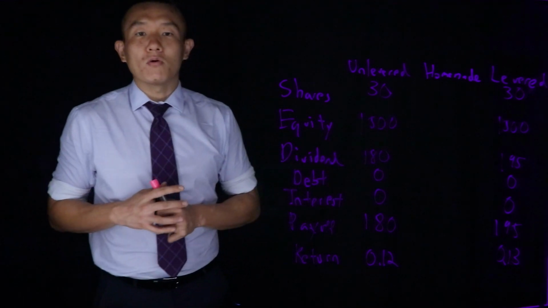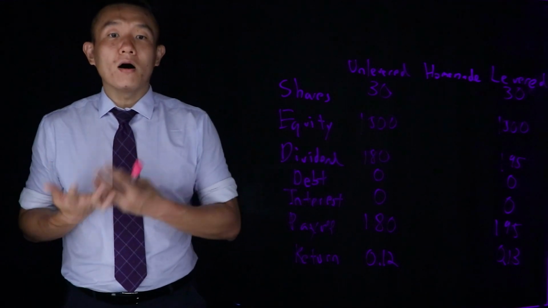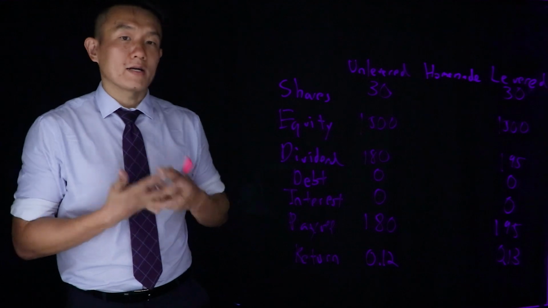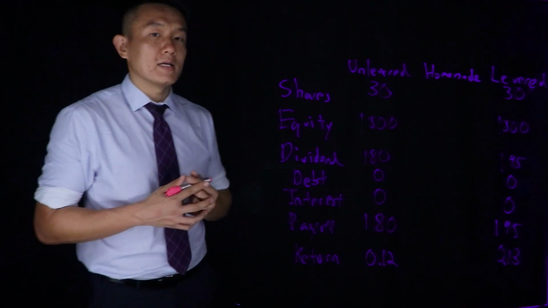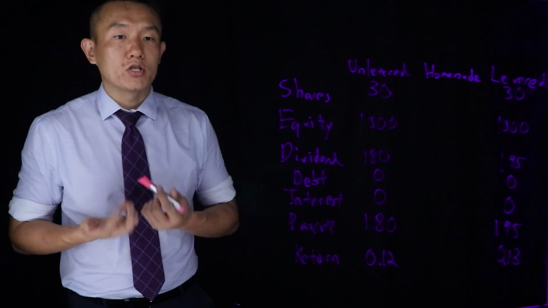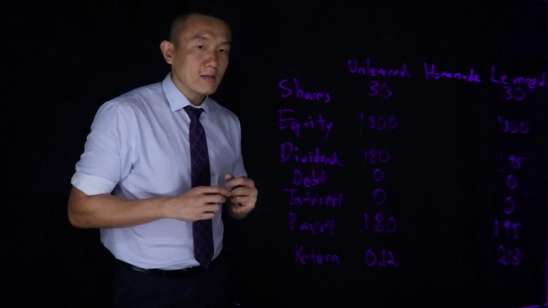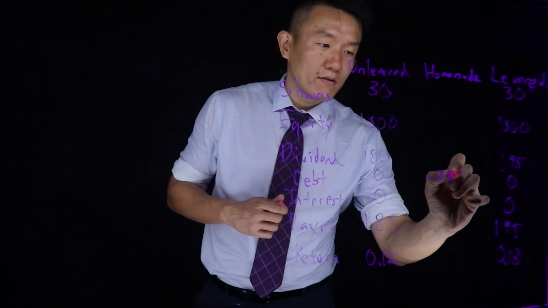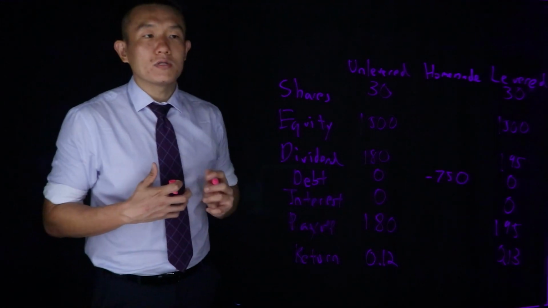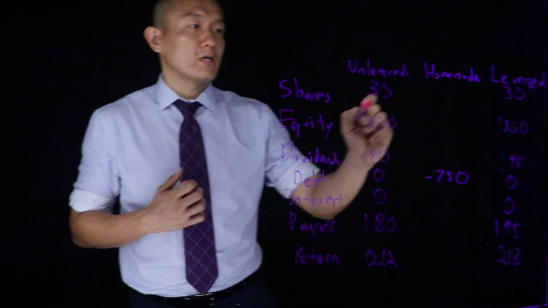In order for the firm to lever up, they borrow money to buy back shares. So let's imagine this investor borrowing money to buy more shares in the firm. Let's imagine that they borrowed $750 and used that to buy 15 more shares.